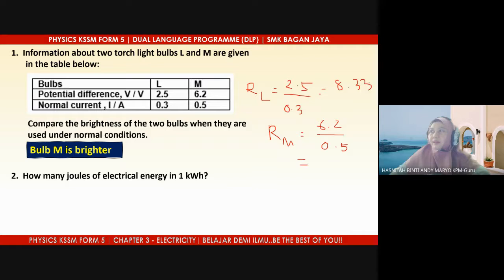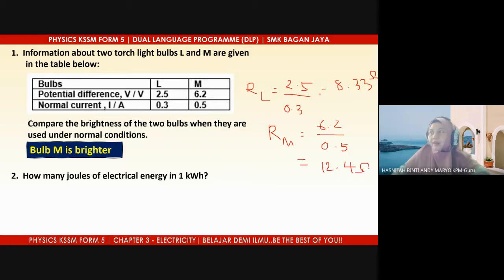8.33 ohm. Okay, this one 6.2 divided by 0.5. What do you get? 12.4. 12.4 ohm.